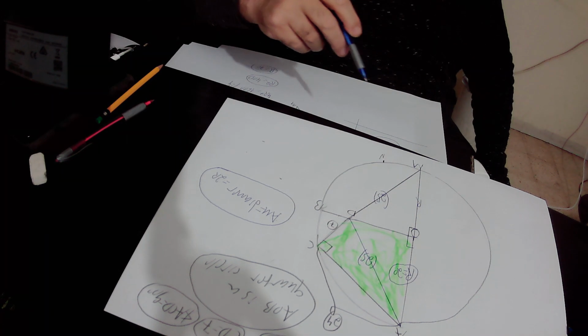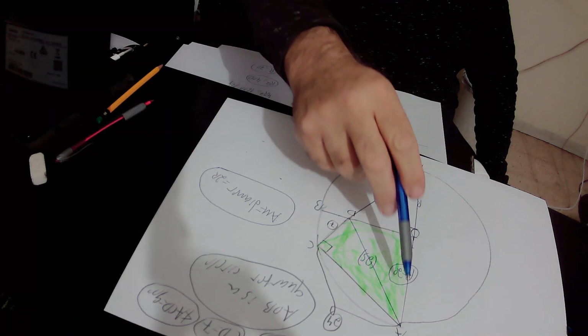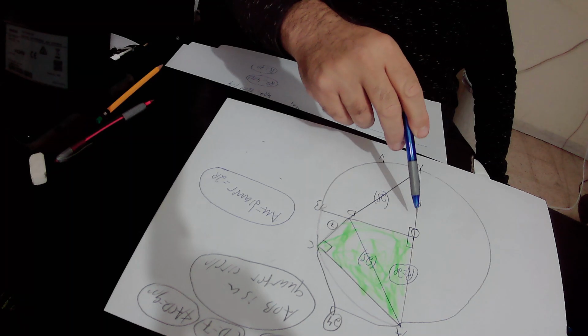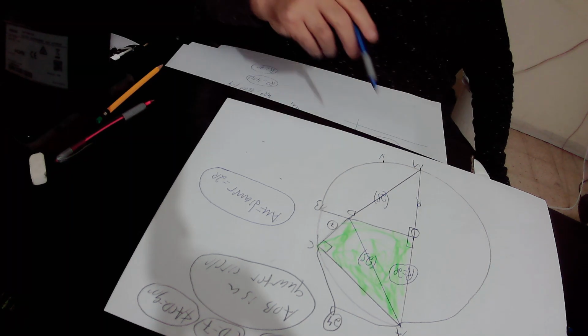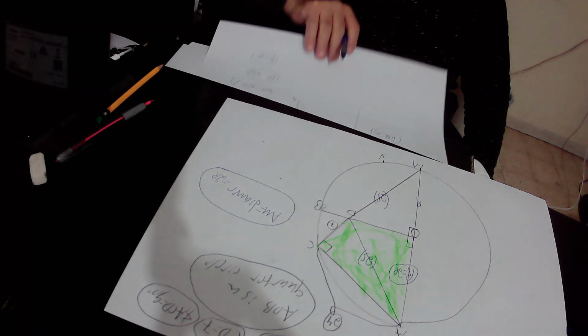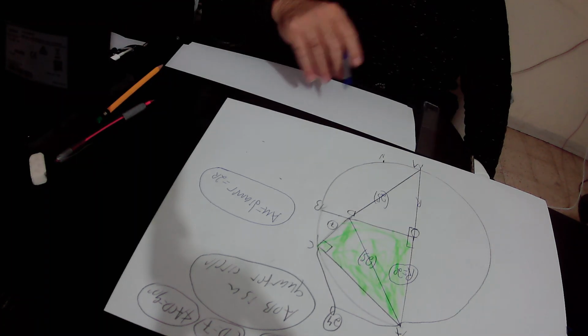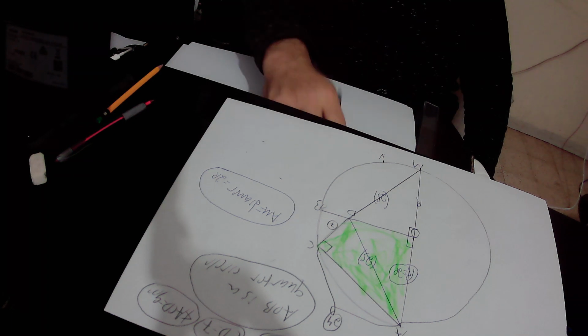In the next step, we'll apply the Pythagoras theorem on the right triangle AOD in order to find the value of OD. So we copy the right triangle AOD in a new page and apply the Pythagoras theorem on this right triangle AOD.